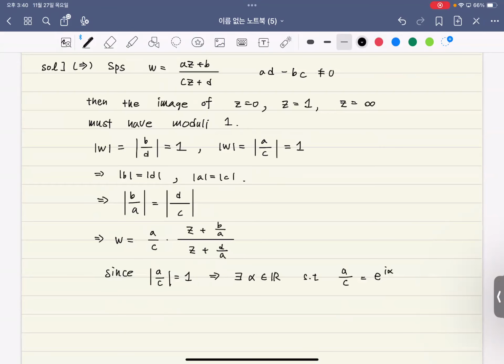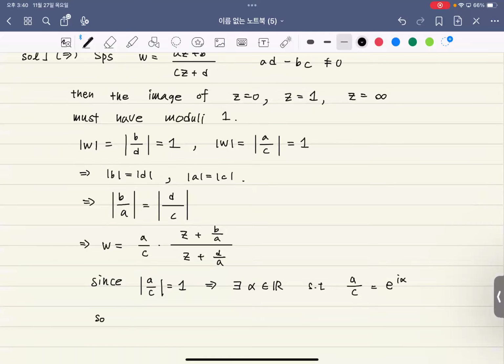And also, you must realize these 2 complex numbers have the same moduli. I'm going to set this guy to be z0 and this guy to be z1.